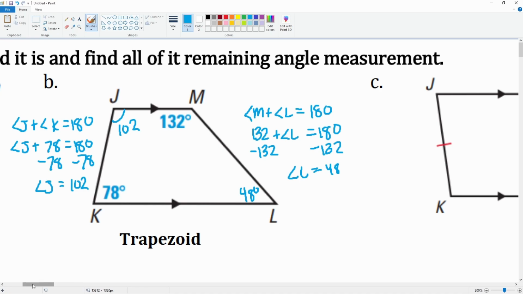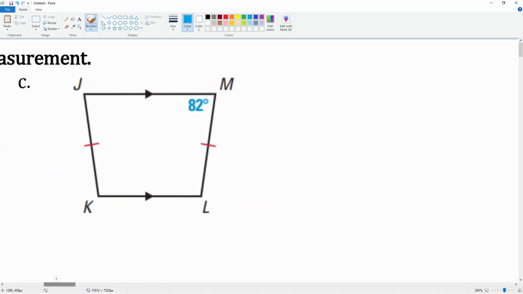Huh. Okay, let's look at C here. All right, the two legs here are congruent, so this makes it an isosceles trapezoid.